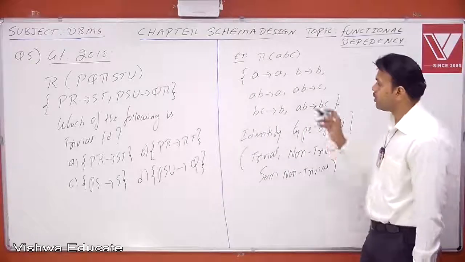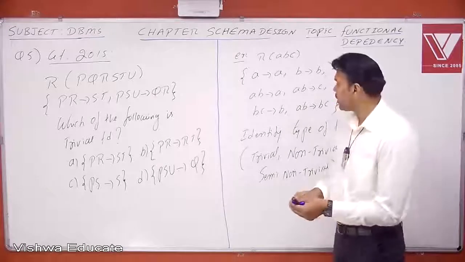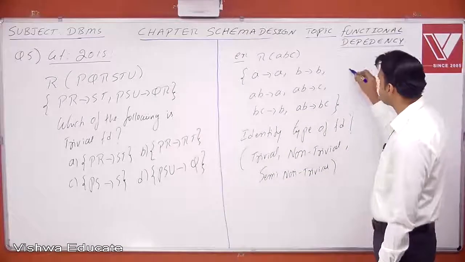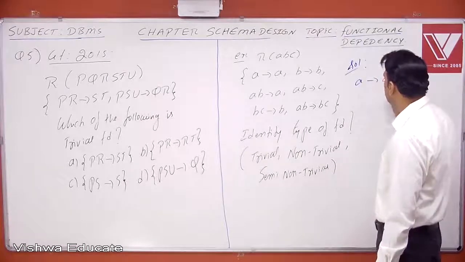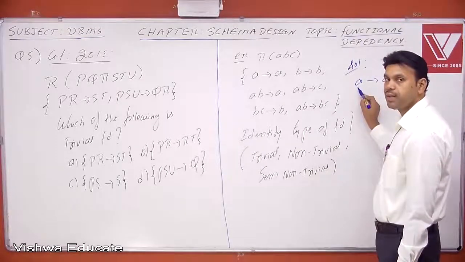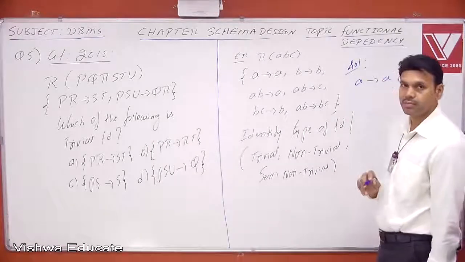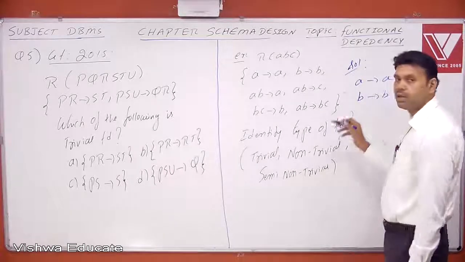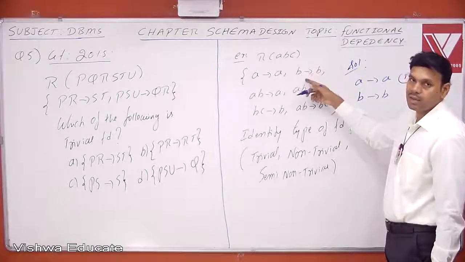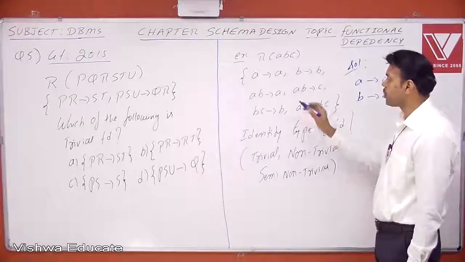Okay. So the first one is very clear. A determines A is what? Since RHS is a part of LHS, it goes to trivial. And what is next? B determines B. RHS is a part of LHS, and it is also trivial.